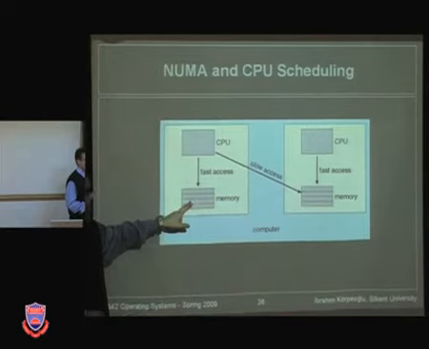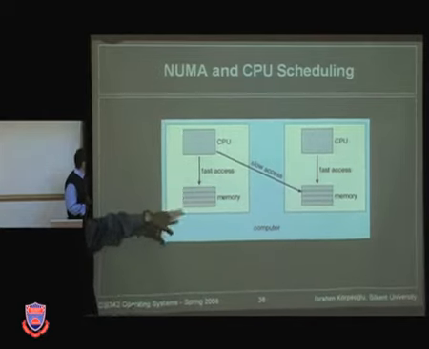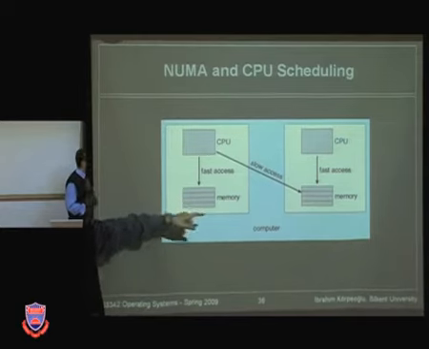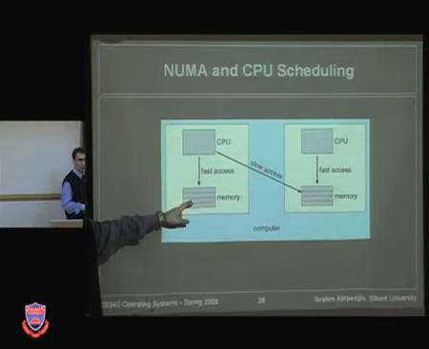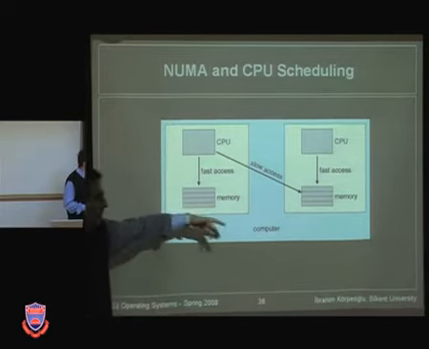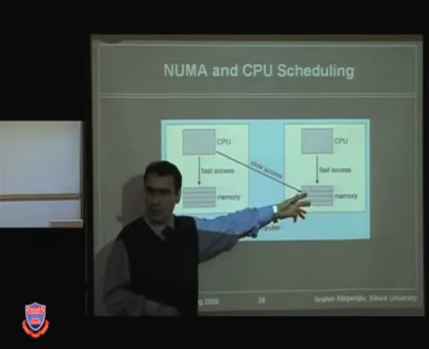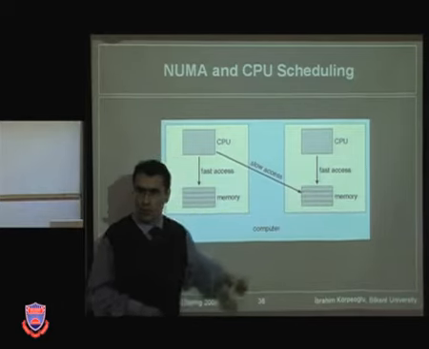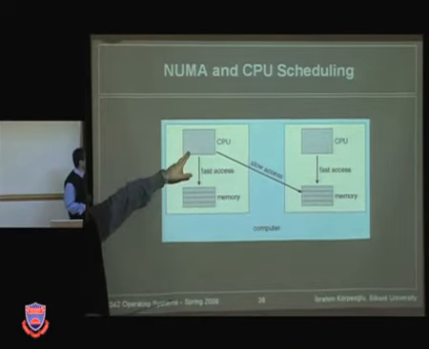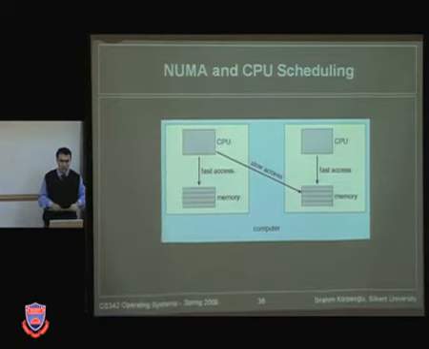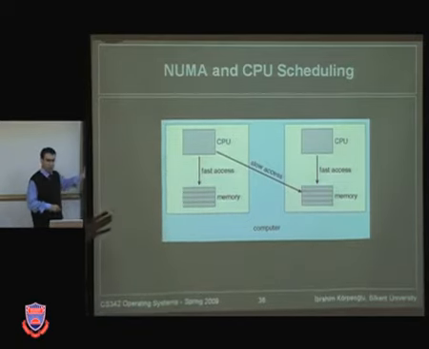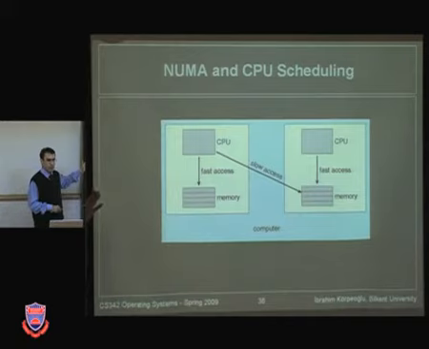If it would like to provide good performance, then the memory allocated to that process should be not from that one, if possible, but from this memory. Of course, if this is filled up, then we can go ahead and allocate some memory from the other memory to that process running here, but we should try to avoid that, in those architectures which are called NUMA architectures, non-uniform memory access architectures.